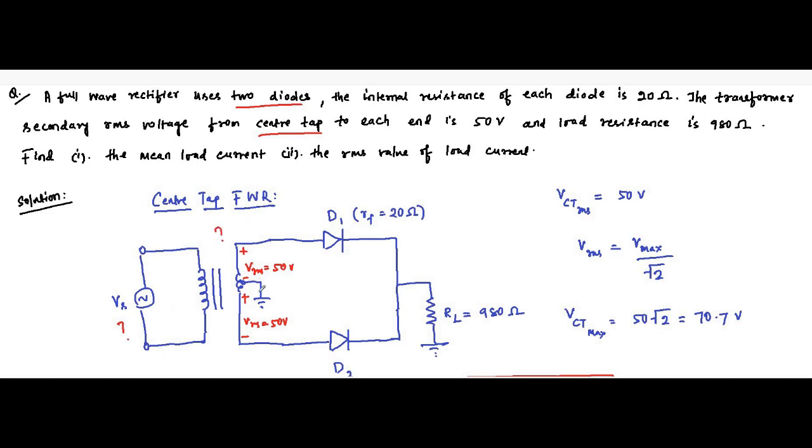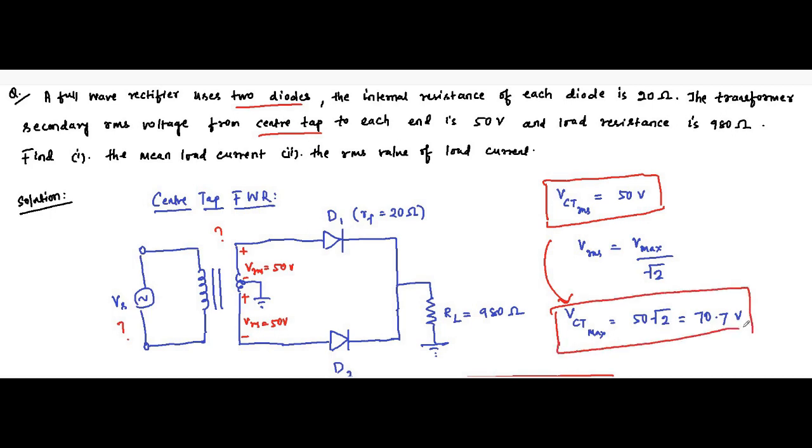Okay, but it was not required because we were given the RMS value of the voltage from the center tap to the other end, which is 50 volt. From that we got the RMS value, and from that we got the maximum value.